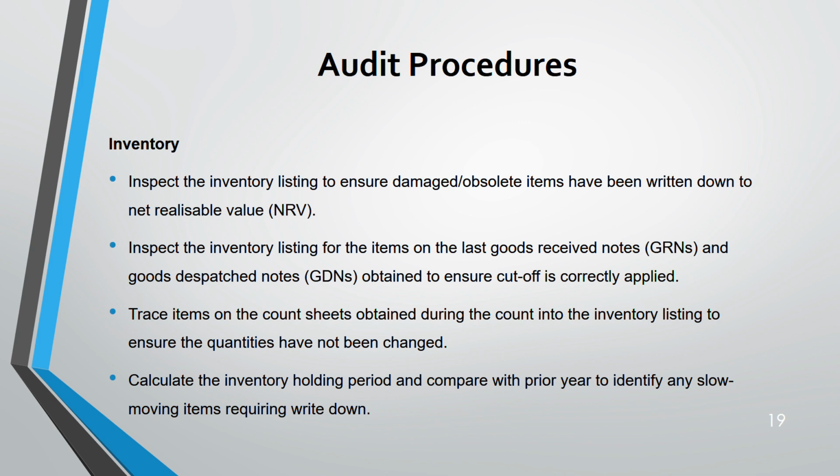Calculate the inventory holding period. You can use analytical procedure here. How? Calculate the inventory holding period and compare this with the previous year. And if you see your inventory is moving slowly, you have to make sure you're writing it down to NRV.